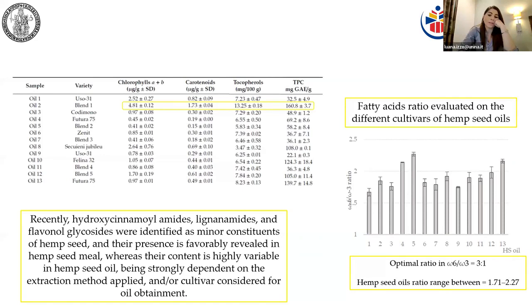Normally, the optimal ratio of omega-6 to omega-3 in, for example, olive oil is 3:1, and in our samples we found concentrations in the range of 1.71 to 2.27, and this is a very good result.